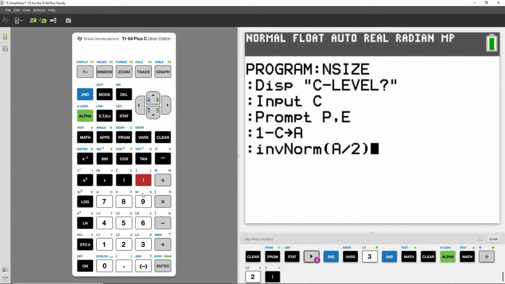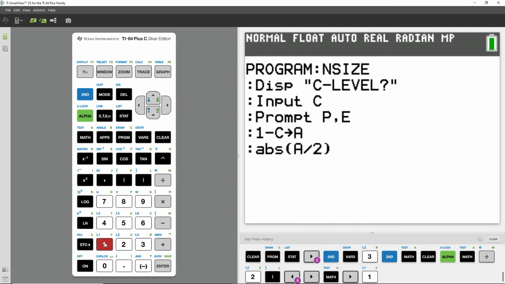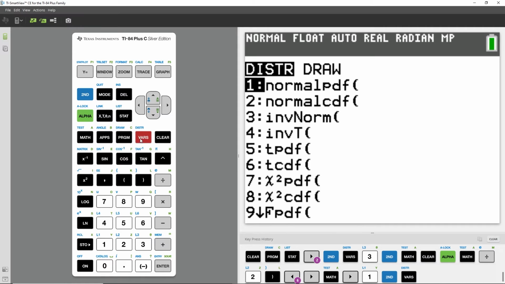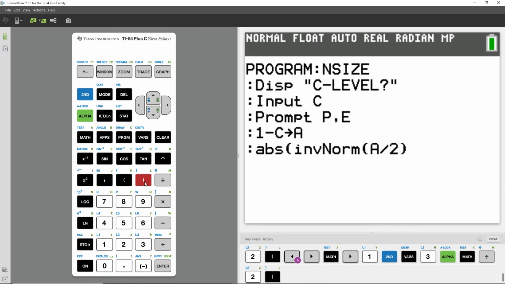But we want this value to be positive. That's the problem. So we need the absolute value of it. And I'm going to go into math, number 1, the absolute value of inverse norm of alpha A over 2. And then we're going to store all of that in Z, because we have our Z now. So store that into Z.